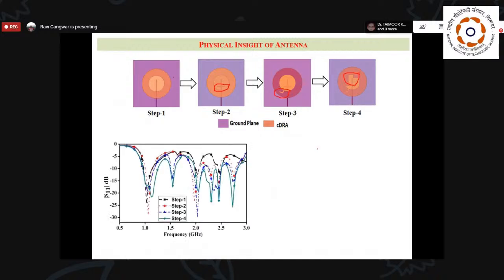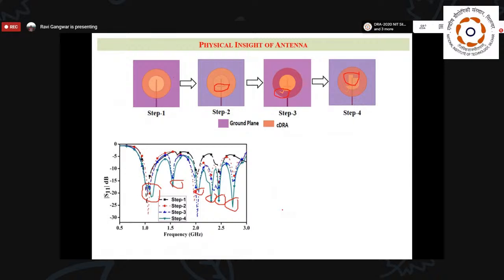So when I have done this analysis and see your S11 response, then I find that I am able to generate 6 different bands into your dielectric resonator antennas.